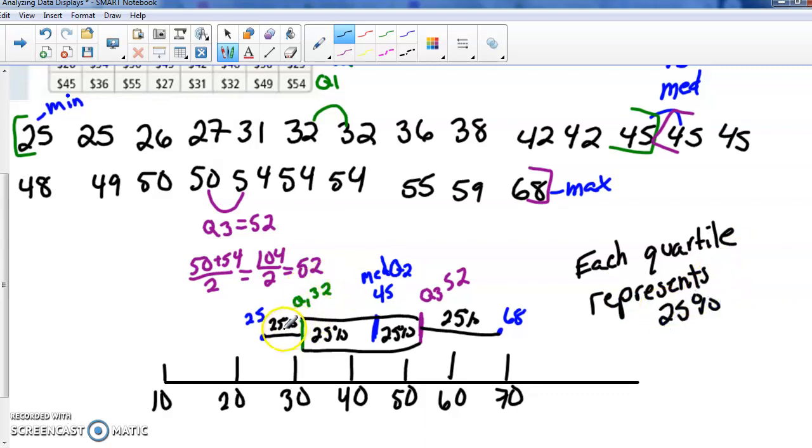But as you can see, the values in between sometimes are closer together or further away. When the values are closer together, that means the data points are therefore highly concentrated. When they are further away, like between quartile 1 and quartile 2, that means the data is not highly concentrated, therefore they're more spread apart.